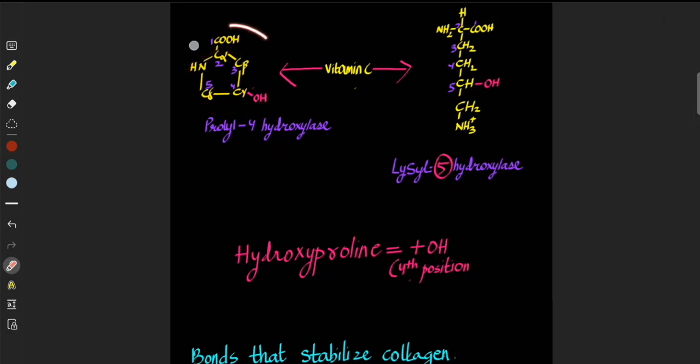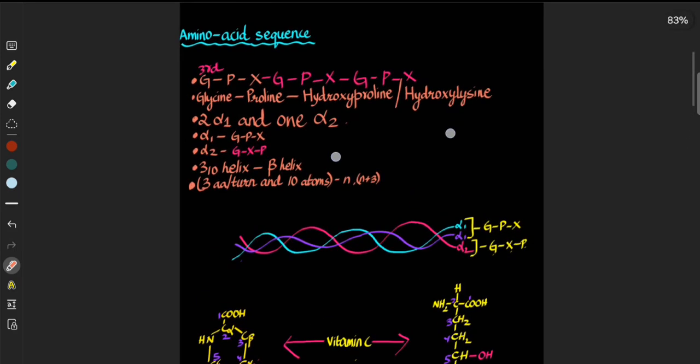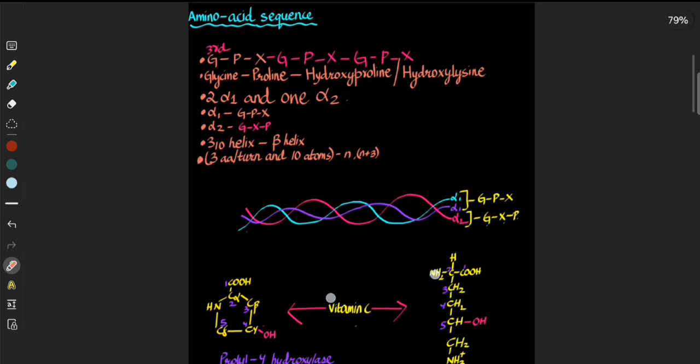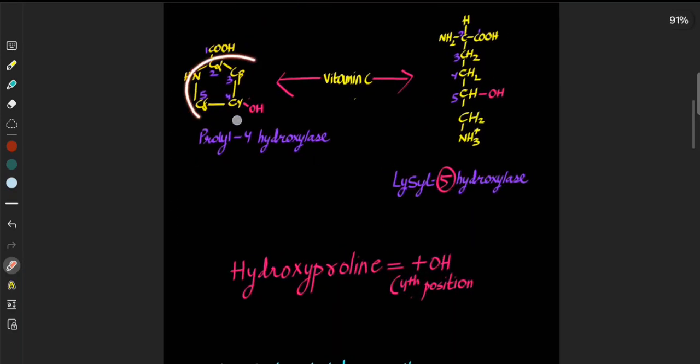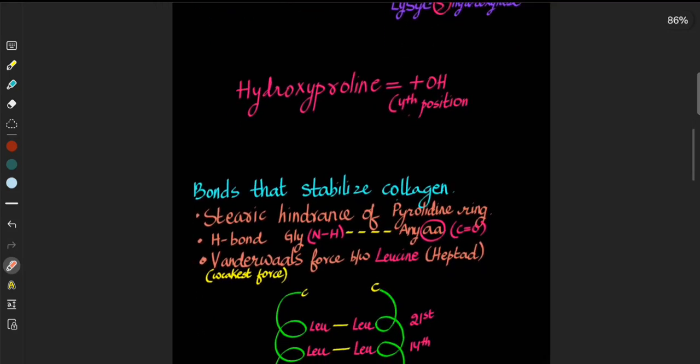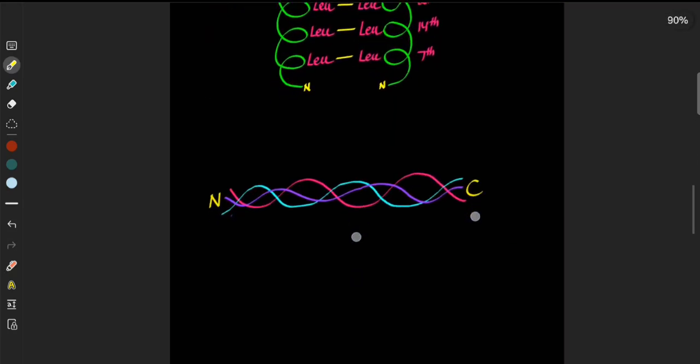It's a proline structure, and the ring which is present is the pyrrolidine, right? Now this is actually the pyrrolidine, and now how do you think, just a moment, I'll just show you.